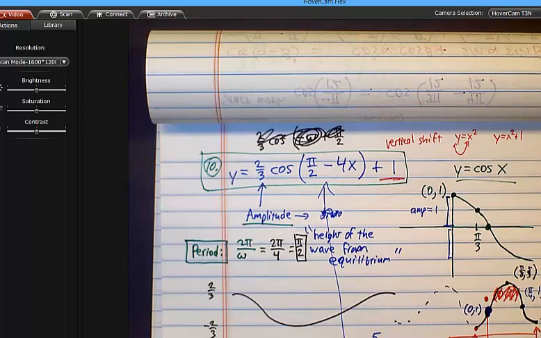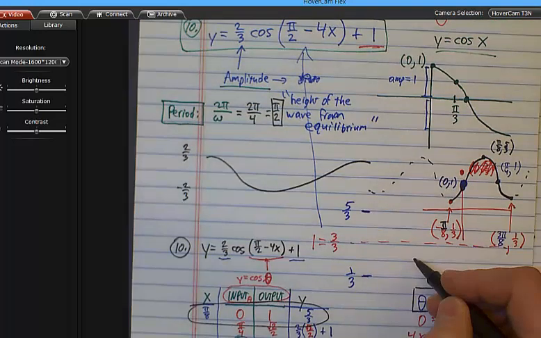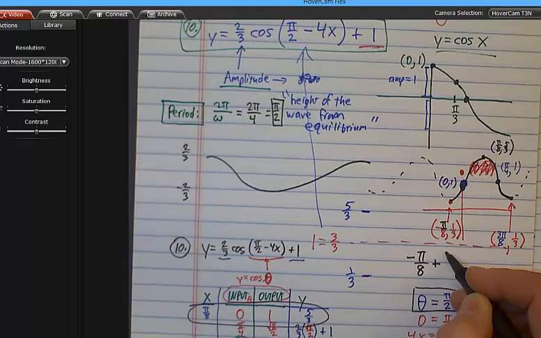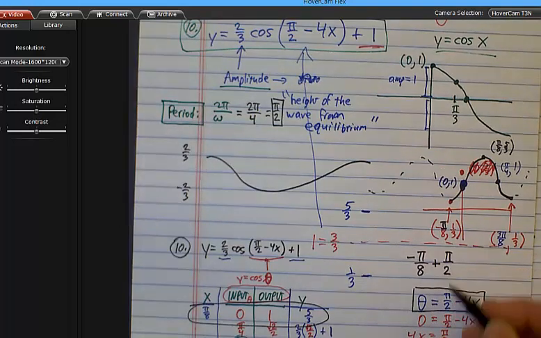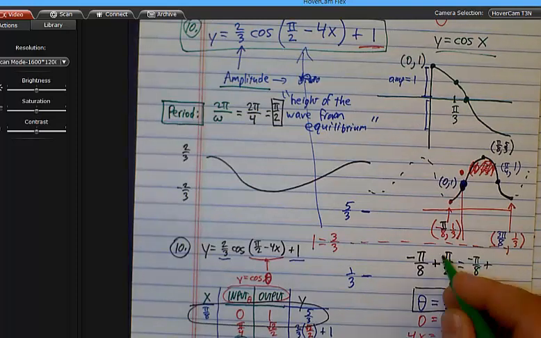So for example, when I was at negative pi over 8 down here, and I asked what this other number is going to be, you could write negative pi over 8 plus pi over 2. Oh, wait a minute. Can't add those. What do I need to do? So it's negative pi over 8 plus, you change pi over 2 to eighths.